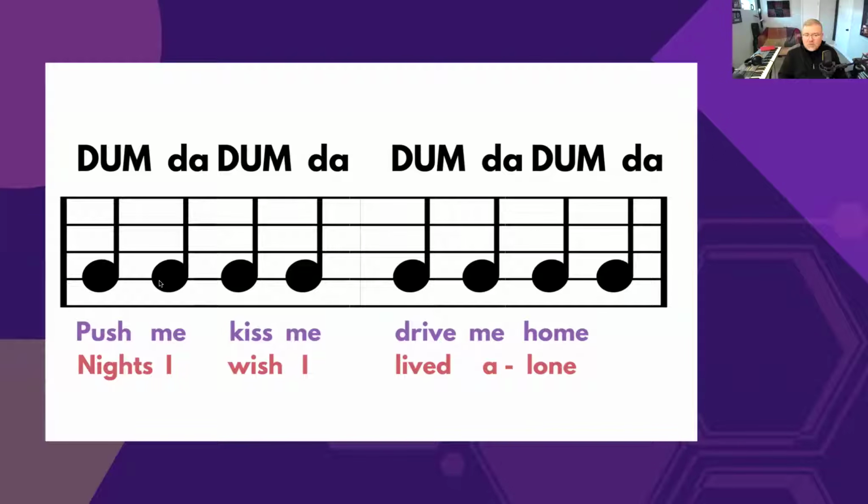Some of you may think of kick, snare, kick, snare. The snare is happening on the unstressed beat, and your kick is happening on the stressed beats. So this is the dum da dum da dum da dum da pattern.